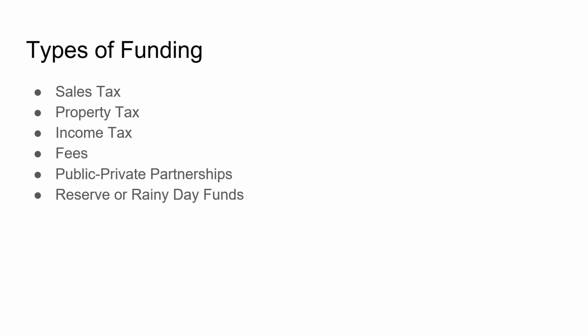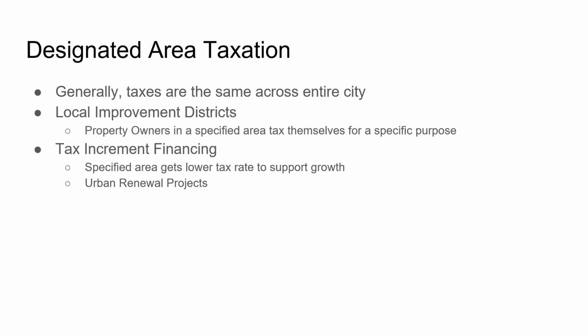And then reserve or rainy day funds: because city budgets are subject to a balanced budget law, often they'll set aside money for lean times, and then they're able to tap into that as either the tax base decreases, or you have sudden expenses. So those are all the different pots of money that cities draw from.